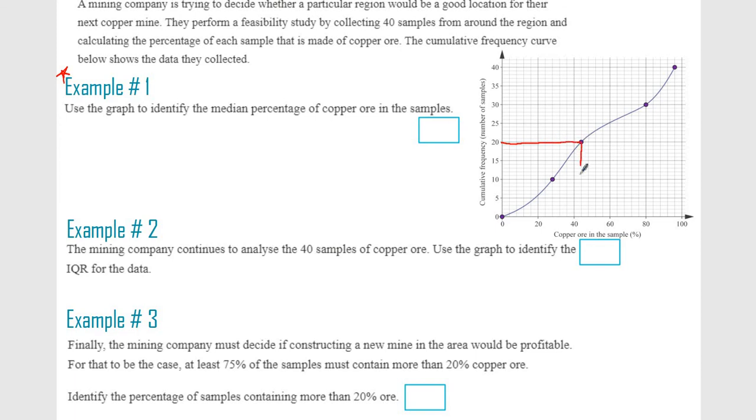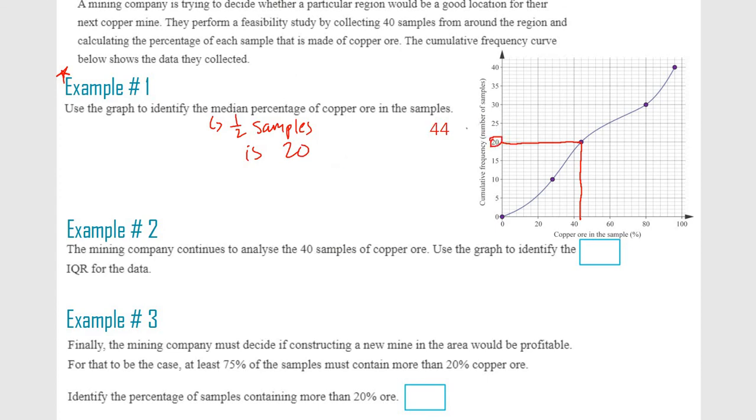What is that? A little over 40. How did they write their answer? 44. There you go. So you're estimating here, you're looking for the middle half of the samples, which is 20. That's what we were looking for right here.